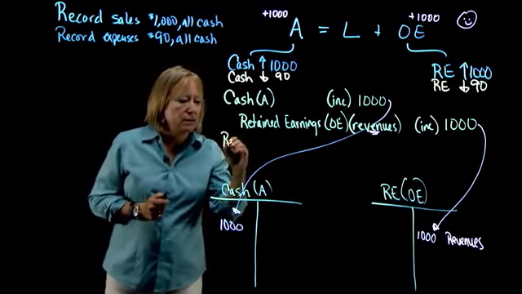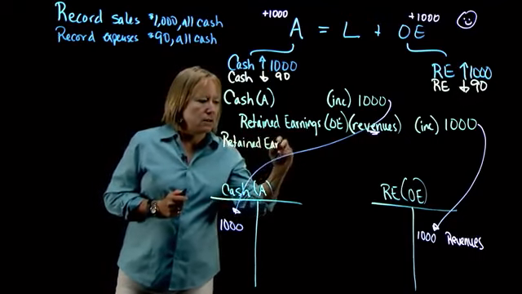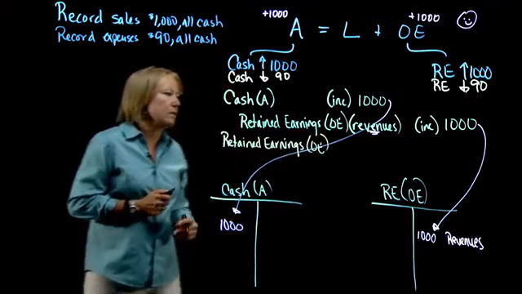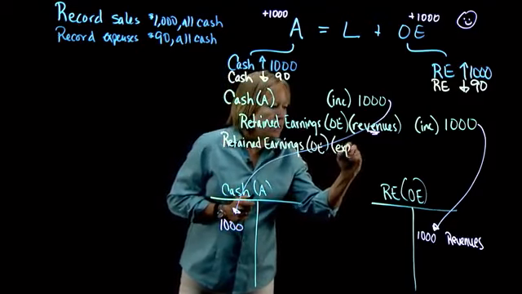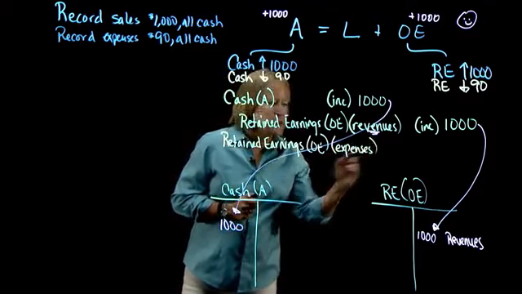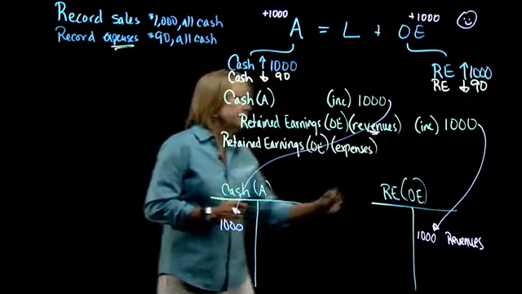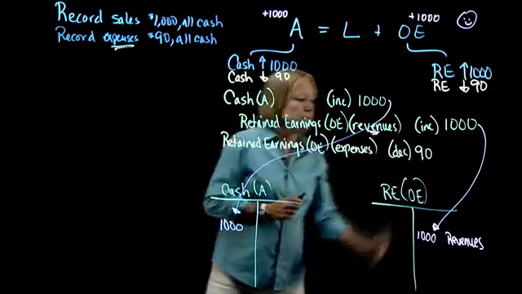Retained earnings, which is an owner's equity account. I'm going to make sure we put our notation here. I'll just call this expenses since we haven't been specific about what kind of expenses. That is a decrease in retained earnings of $90.